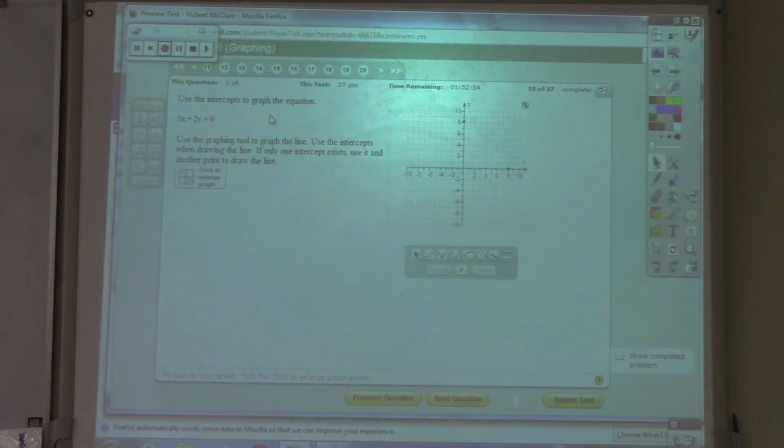3x plus 2y. Use the intercepts. Here we go again. So, when y is 0, x is what? 2. This little cursor could be a pain. And when x is 0, y is what? 3.